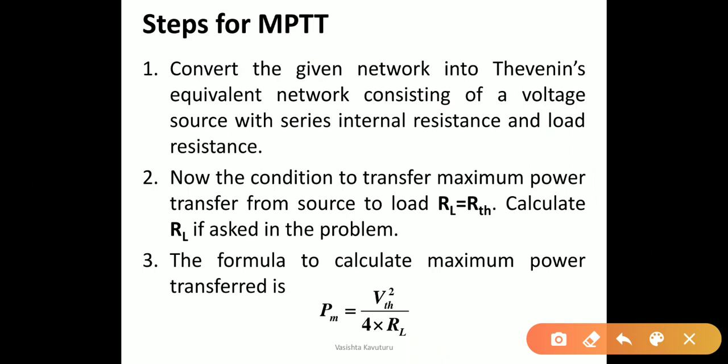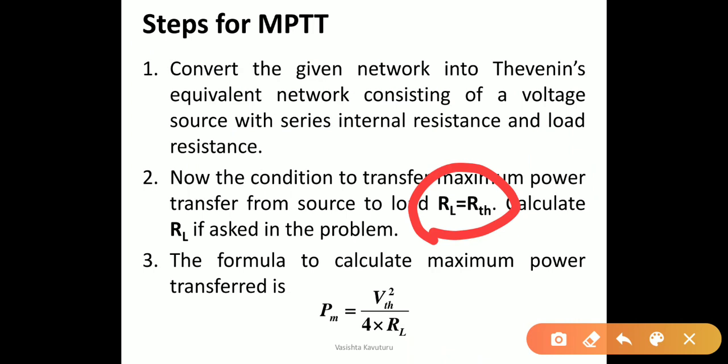The second step is to apply the condition for maximum power transfer from source to load, that is RL is equal to RTH. So calculate RL if asked in the problem. Generally, in most problems, you are asked to calculate the load resistance such that the maximum power is transferred, and also to calculate the amount of maximum power. For such problems, you calculate the Thevenin equivalent resistance RTH, and to get the maximum power transfer from source to load, the load resistance value is equal to the source resistance, that is RL is equal to RTH.